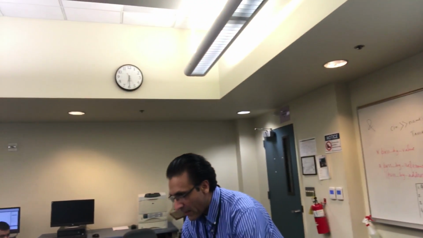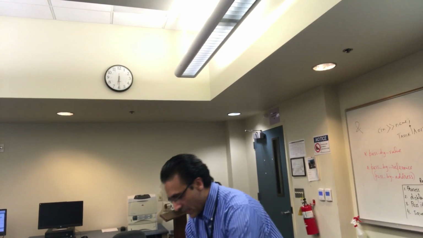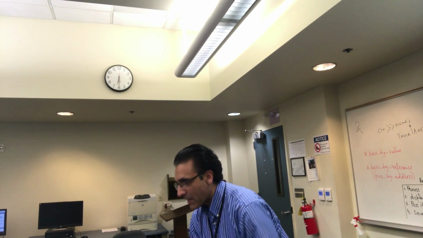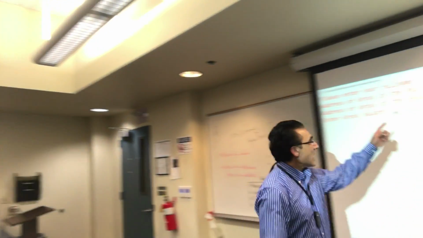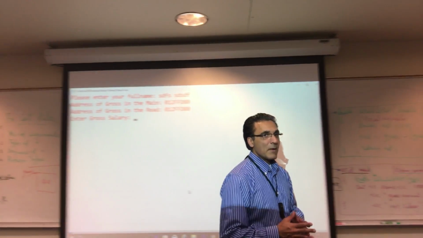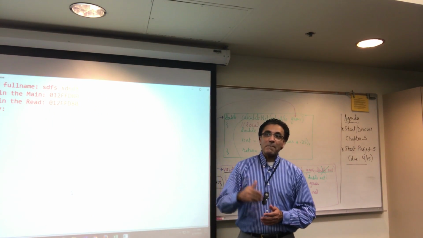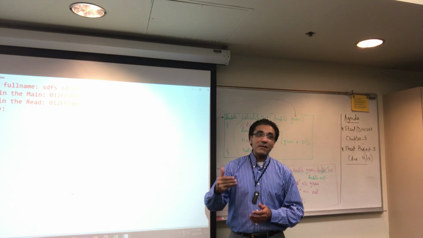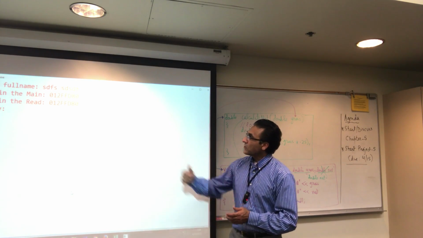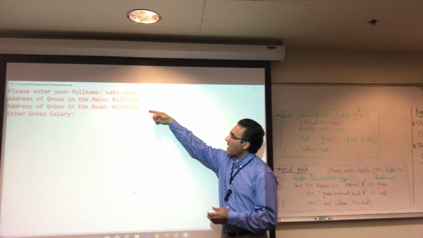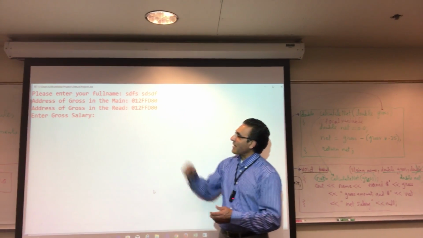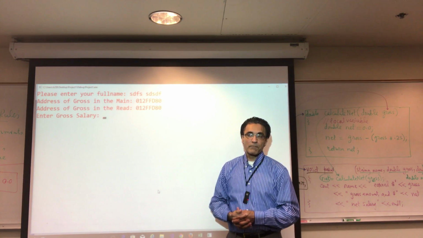So this time when I run it, and I give some first and last name, now notice that main and read are focusing on the same memory location because of the ampersand sign, because I passed my data by reference or by address. So this time, the gross amount in both locations is exactly the same memory address.